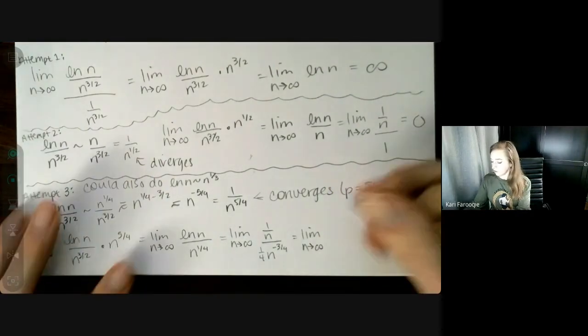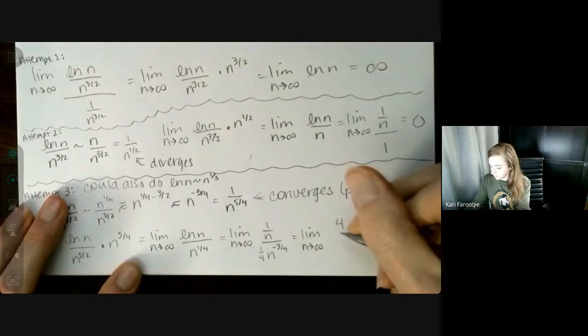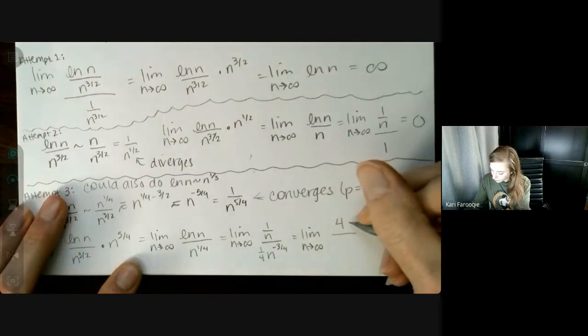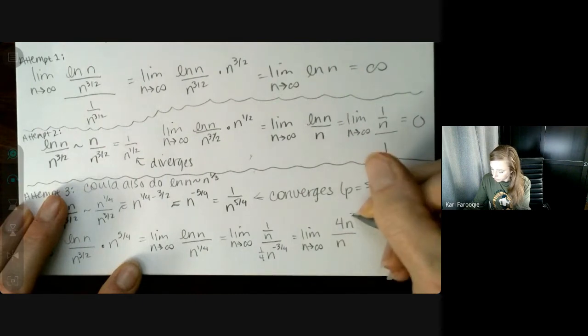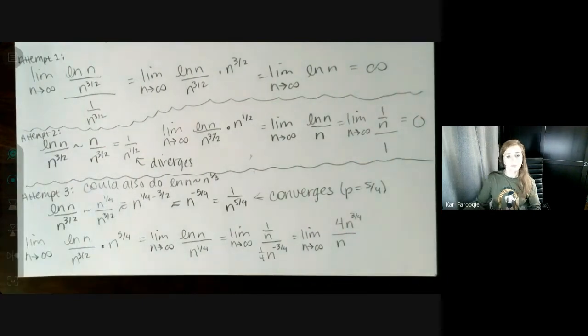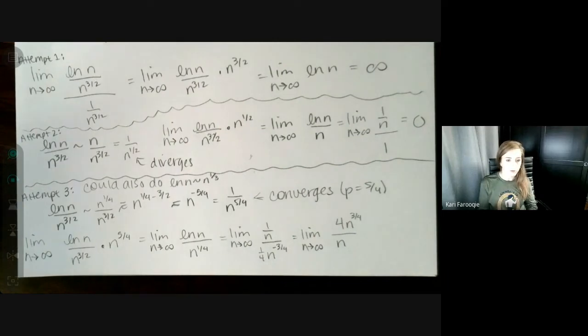So this 4 is going to move into the numerator, and then the n is going to be in the denominator. The n to the 3/4 will be in the numerator. If you need to do a little bit of algebra to sort of swing everything around, that's fine.